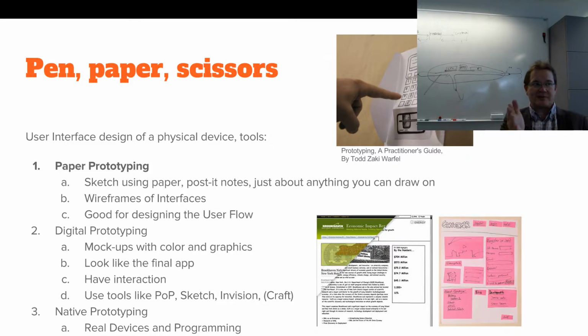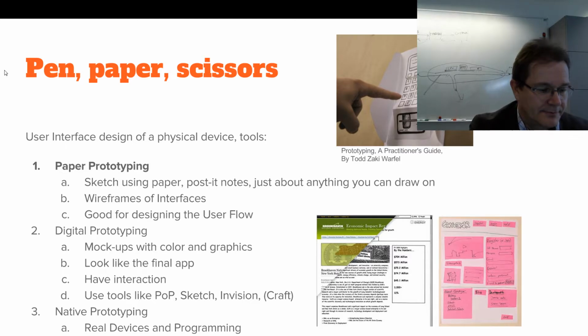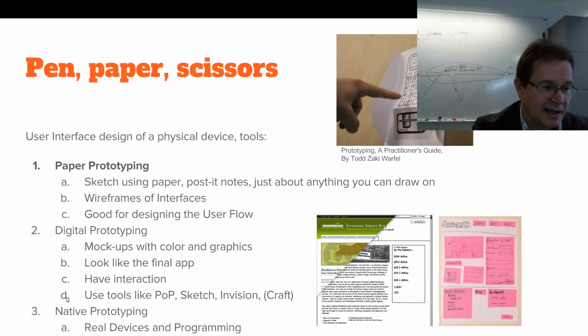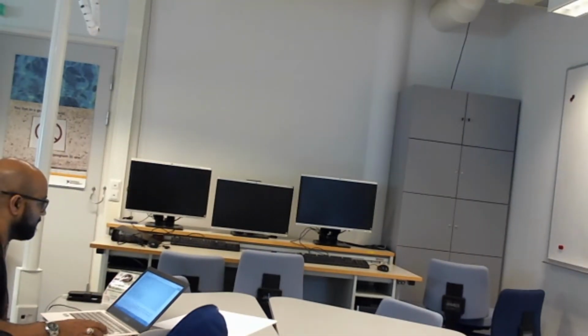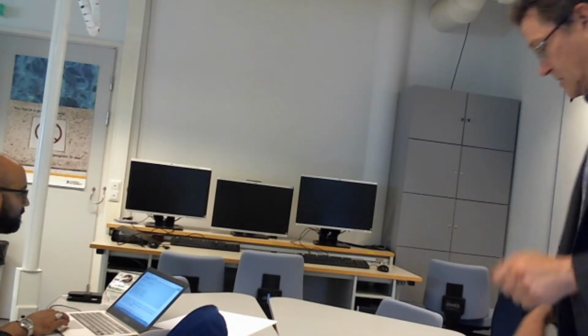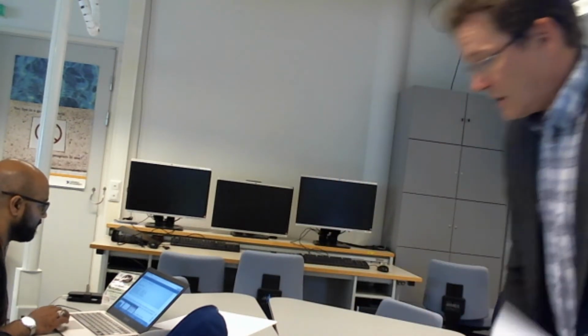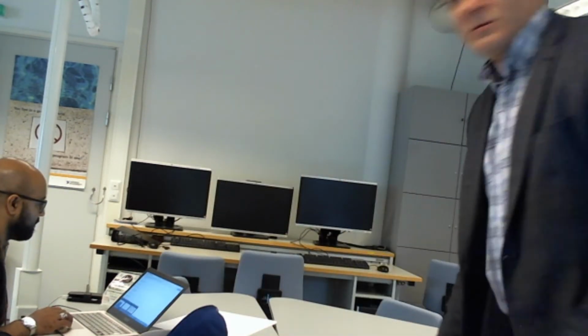And there you have a lot of flexibility in this paper and pen and scissors. Let me turn the cam that way now. All right, so it doesn't show really well, but anyway. You can, of course, draw them.